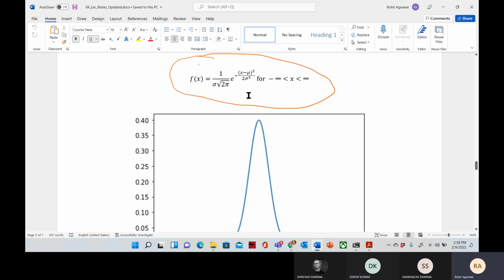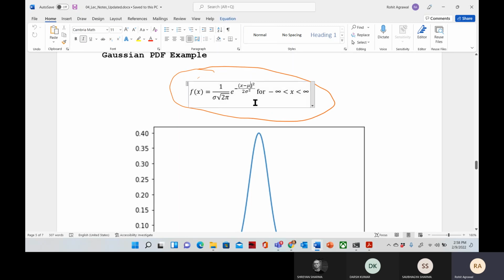So using this function, see, mu is the mean value, sigma is the standard deviation, and x are our data points. Using this function we are calculating the y values. But it is inbuilt.